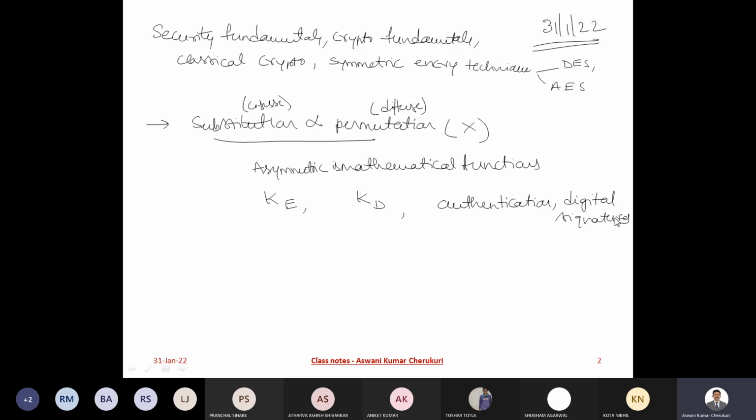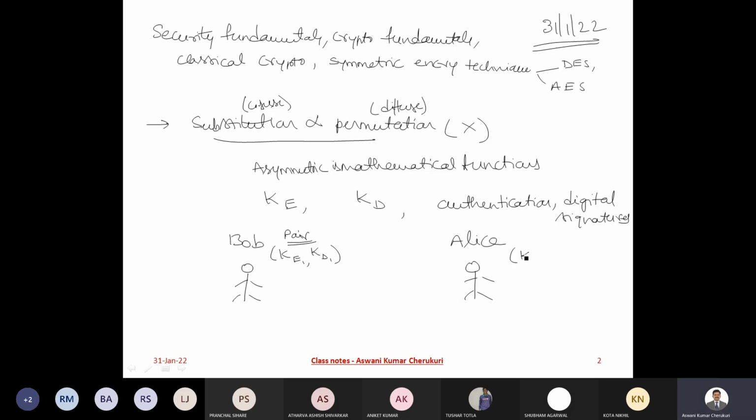Now, how does an asymmetric crypto system work? Imagine you have Bob and Alice. In the previous symmetric case, both use a common key. In the asymmetric case, Bob will have a pair of keys, KE1 and KD1.